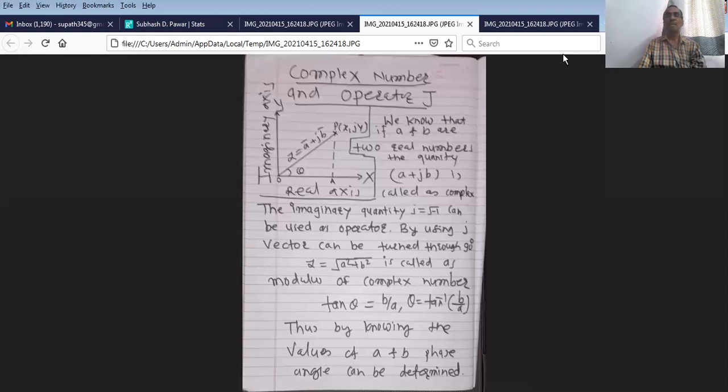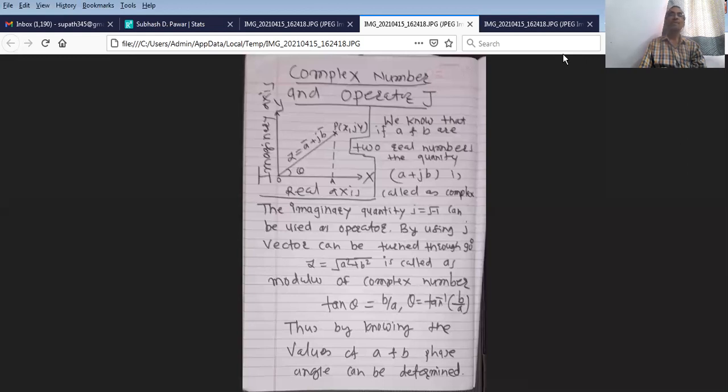First answer, tan inverse of A upon B. Second, tan inverse of B upon A. Third, tan inverse of A upon A. Fourth, tan inverse of B upon B. You have to answer carefully. We have to note down each and every point, because these questions are going to be set by the college. So we have to be prepared and take care of each lecture which I am delivering online.